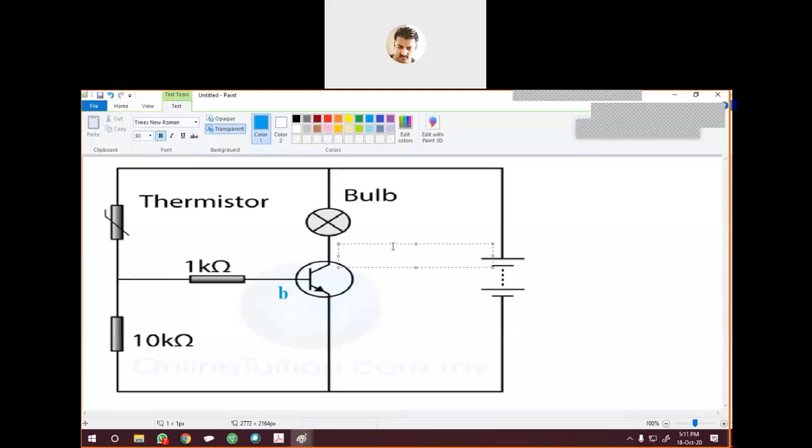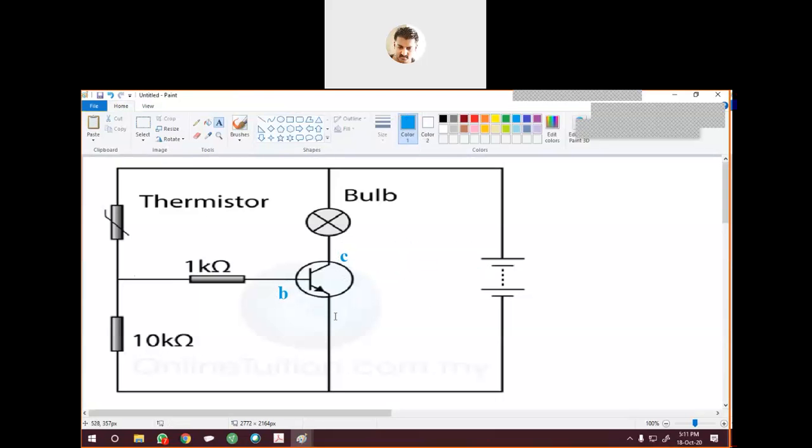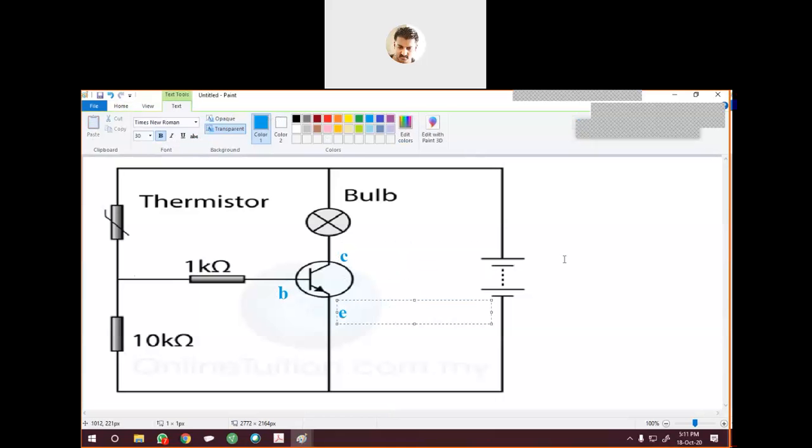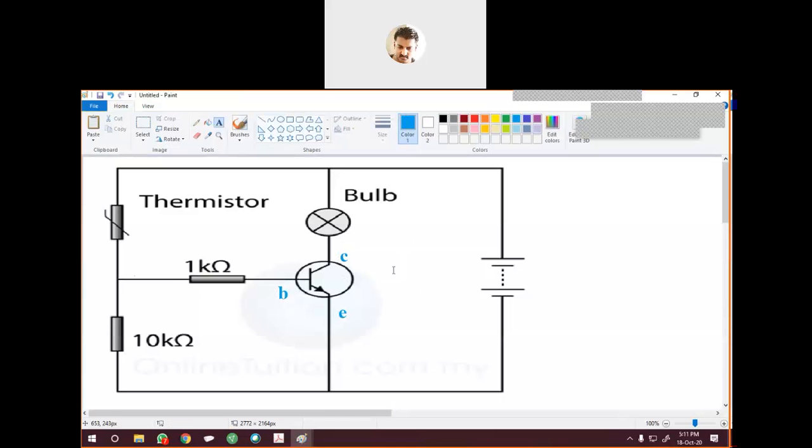This part is known as the collector. This part is known as the emitter. The terminology is not so important, but I want you to understand: only if there is current in the base will the switch allow current to flow through the bulb.